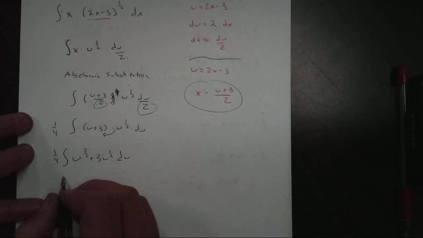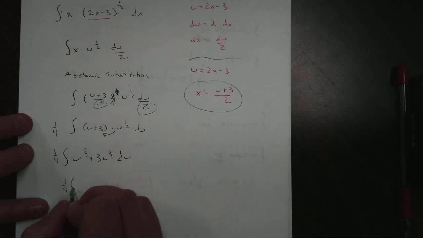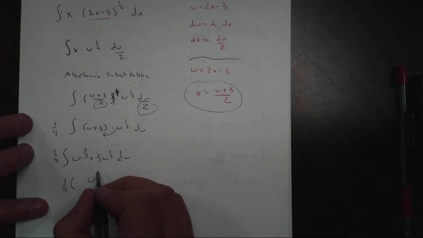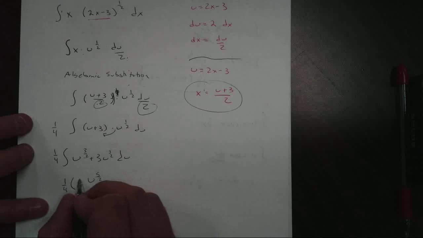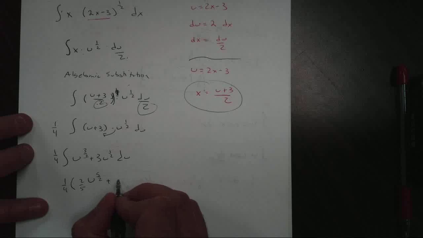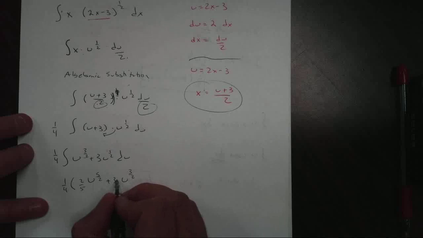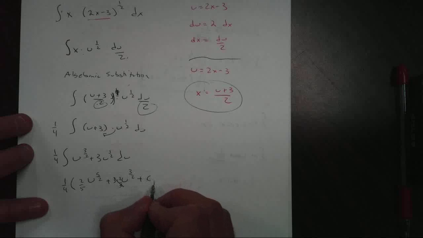Now I can take the antiderivative, and we get 1/4 times u to the 5/2 times 2/5 plus, be careful, u to the 3/2, and if I invert and multiply, 3 times 2/3, the 3's cancel, plus c1.